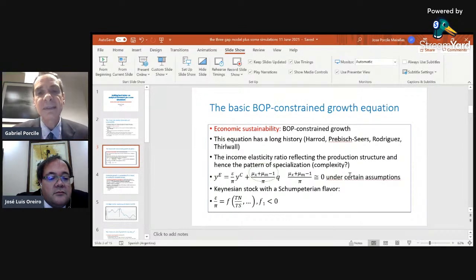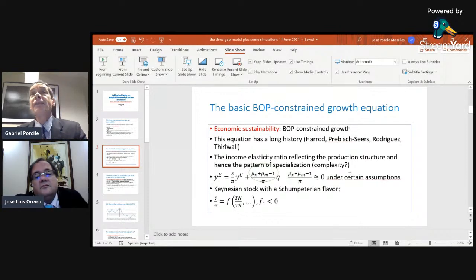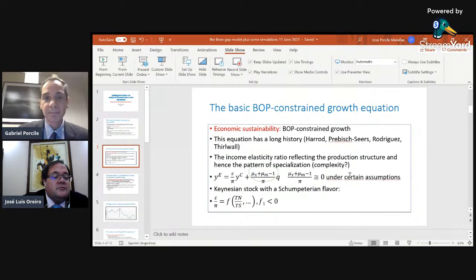This rate depends on the production structure and the pattern of specialization, which define the income elasticity ratio and hence the rate of growth of the periphery with external equilibrium.